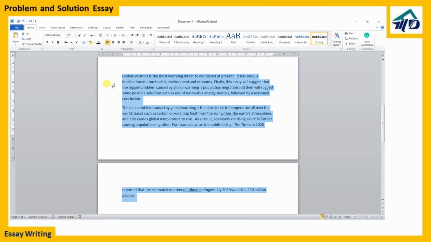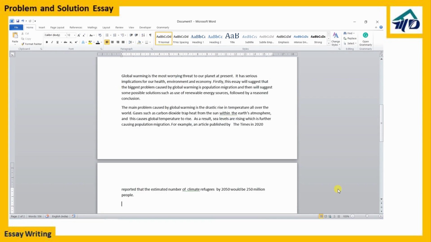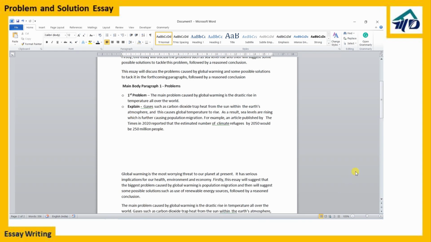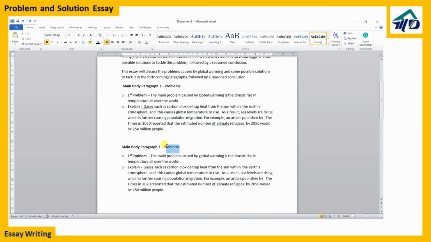Now, coming on to its solutions. I'm going to start my third paragraph in the same way: solution, then its explanation. In case I'm explaining in detail, then I will just write one solution, otherwise two solutions. So for main body paragraph number 2, I have to write solutions.